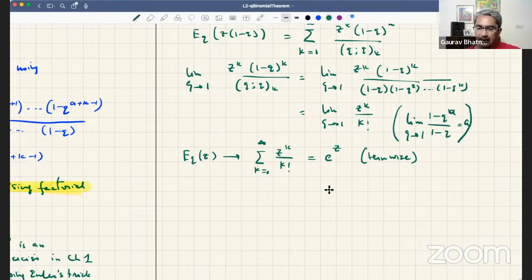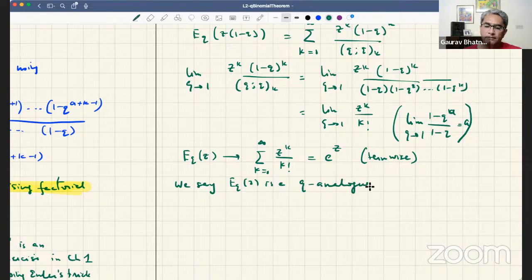In compact subsets of z, it will converge uniformly to this. So there's no problem in convergence here. And we say E_q(z) is a q-analog of e^z. I say a q-analog because there are more useful q-analogs.